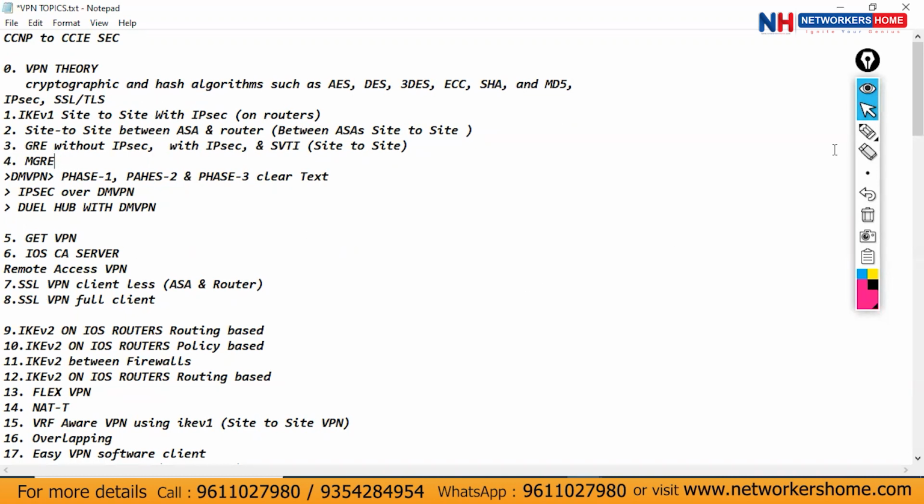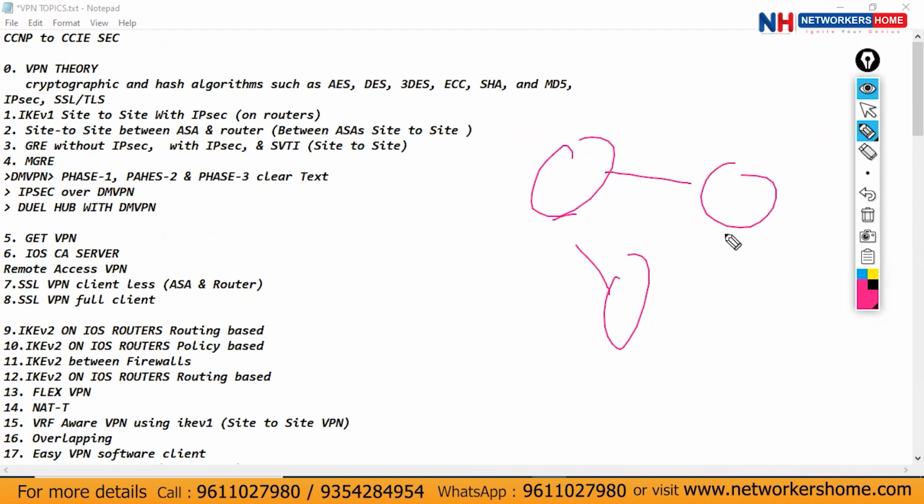Let's say if I have two sites, then I had to add both sites' information to each other. If I have a third site, again add each other's information on each other. Again, a fourth site, again add each other's information. So basically every site's information should be on every site.